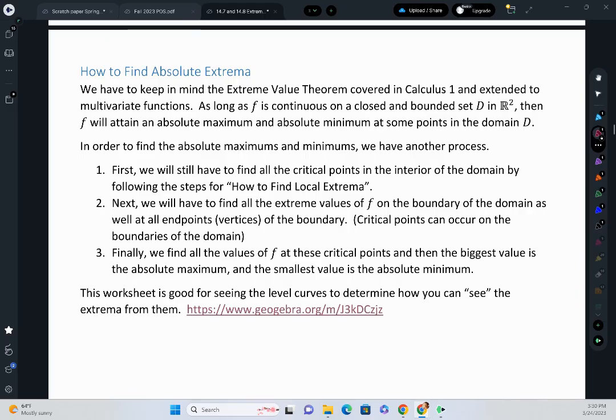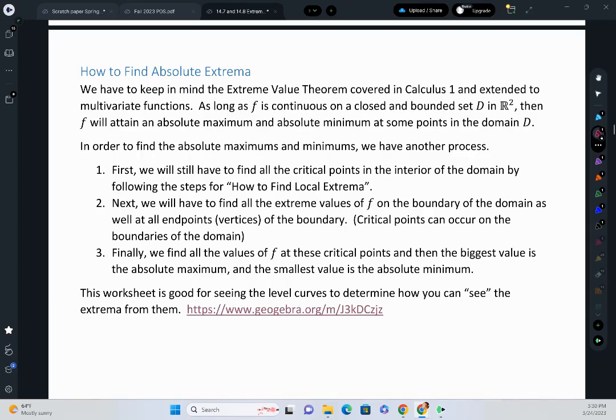It says that as long as our function f is continuous on a closed and bounded set D in R2, meaning a domain that has a boundary, then we know for sure that our function will attain an absolute maximum and an absolute minimum at some points in the domain. It has to happen.